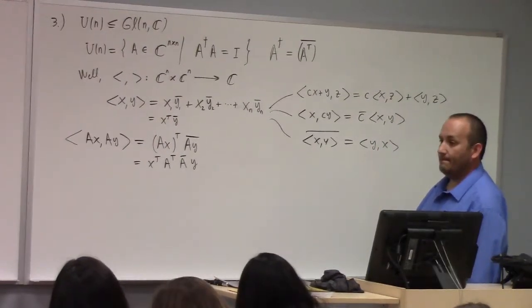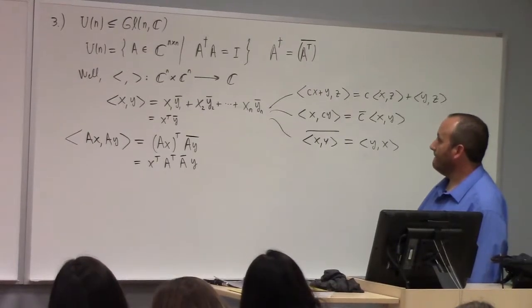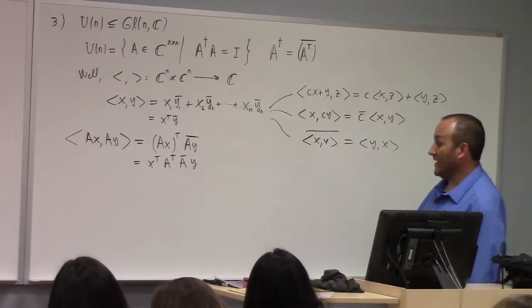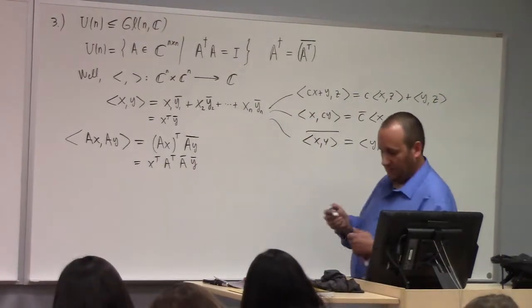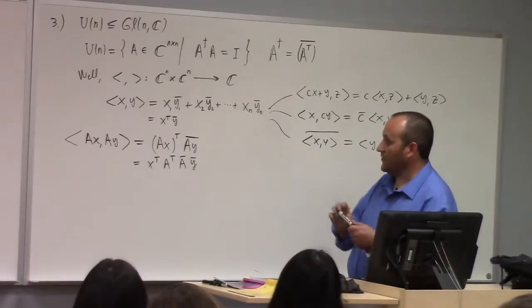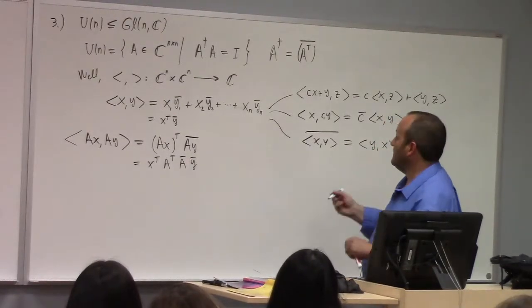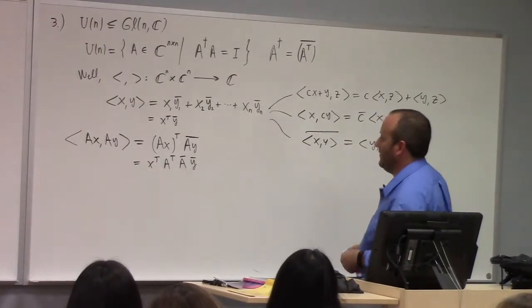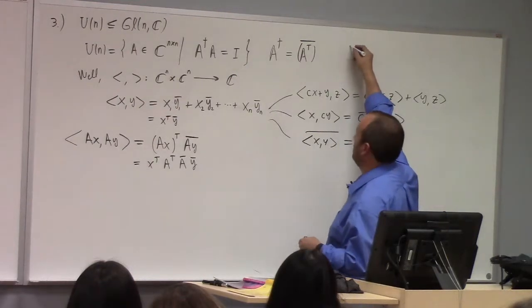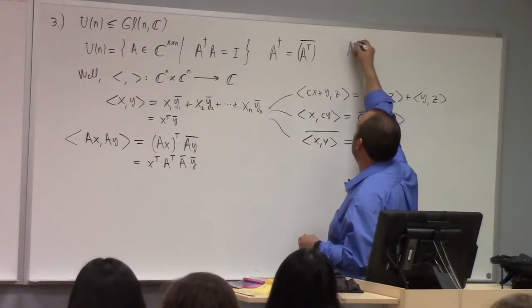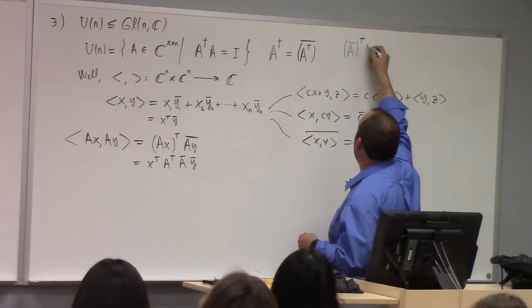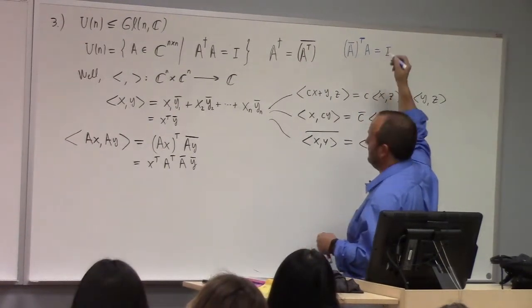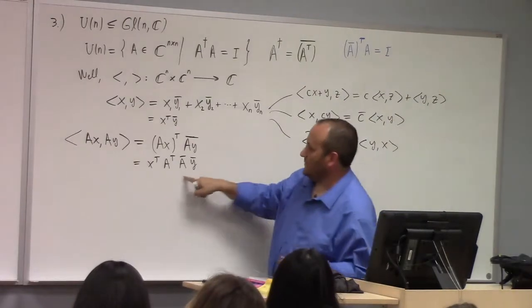It should be Y conjugate. Thank you. Now, in my current approach, because of poor planning on my part, we had to do some work here. A conjugate transpose times A equals I. What does this say? I need to figure out what A transpose A bar is.